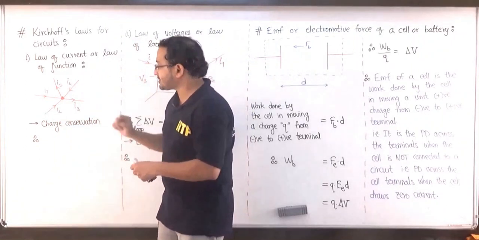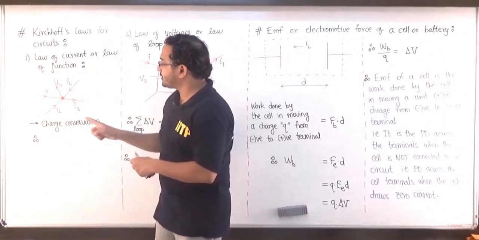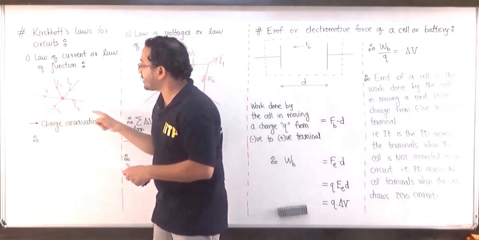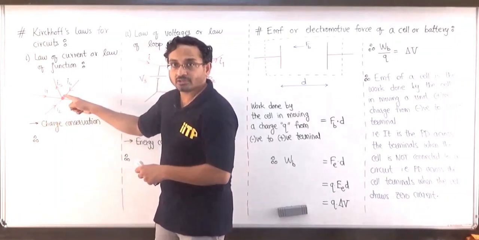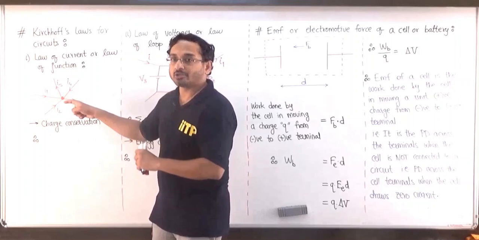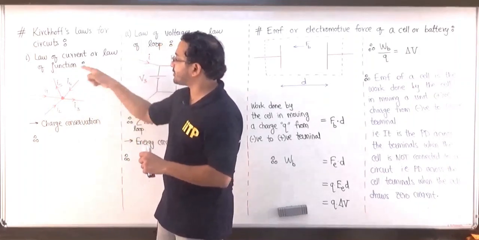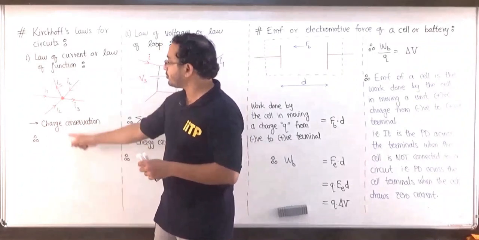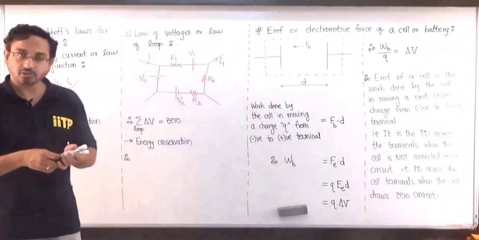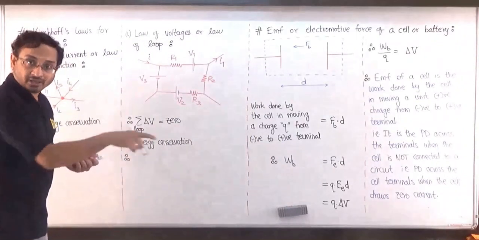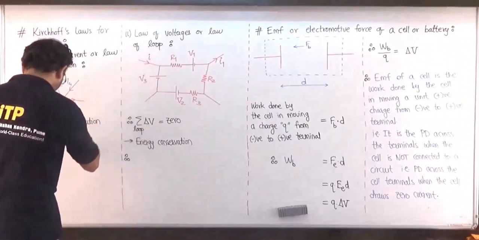Hence, this dictates that the total current which is going in or towards the junction must be exactly equal to the currents which are coming out. So for this particular junction, we can now write the total currents which are coming in or going towards the junction.